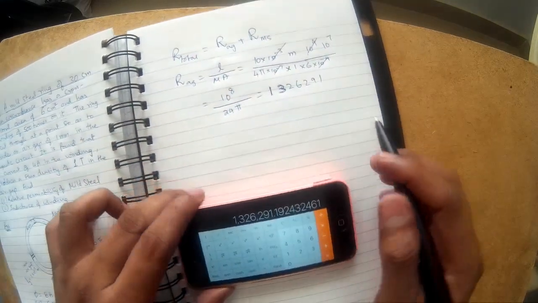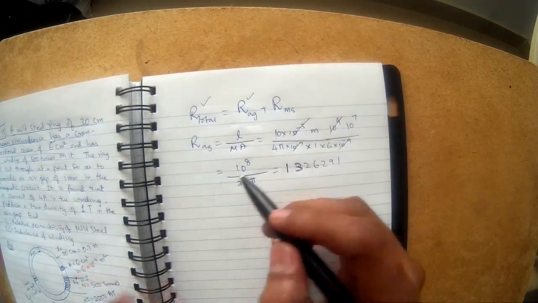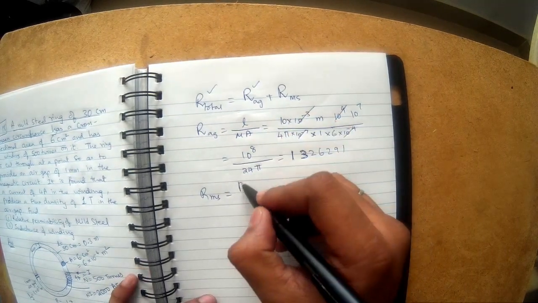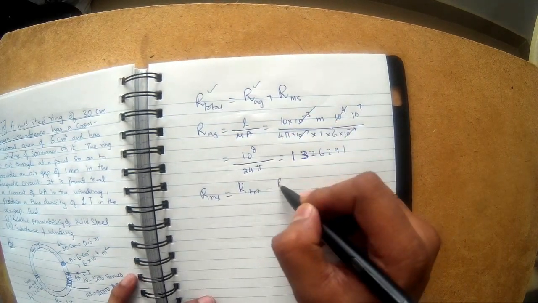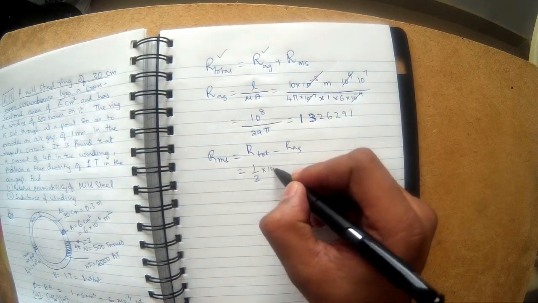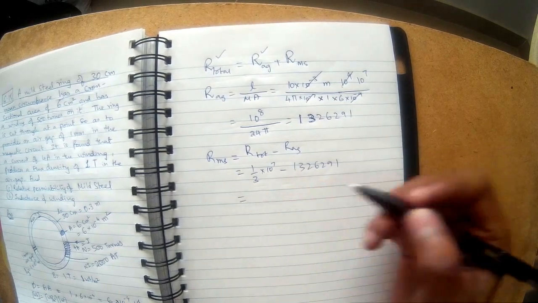So what is the reluctance of the mild steel? I know the total, I know this one, so I can find out the reluctance of the mild steel. Reluctance of the mild steel is nothing but total reluctance minus air gap reluctance. That is 1 by 3 into 10 power 7 minus 1326291. So let's calculate that.